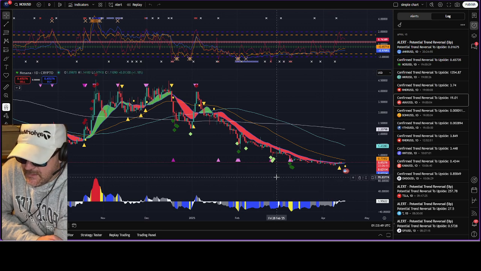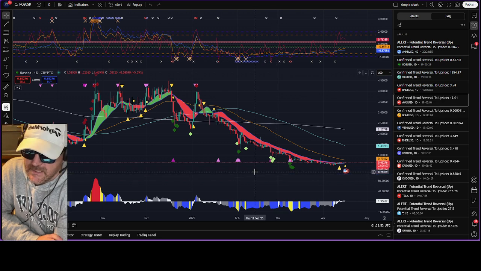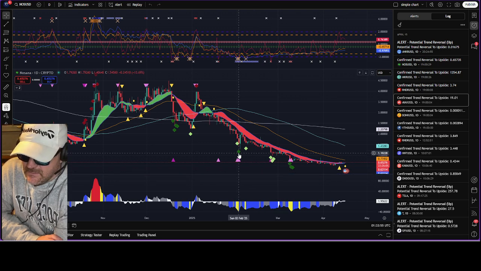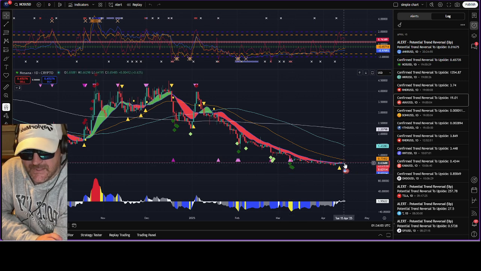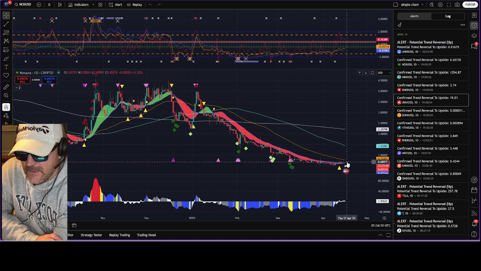Now along the way, you should know that the dark green diamonds are the best indicators for us. You would have had two opportunities, one here, and now we're getting a confirmed uptrend. And if you notice, that's really not that much further below where those dark green diamonds started firing. So you'd be in pretty good shape here if you leveraged those two things.